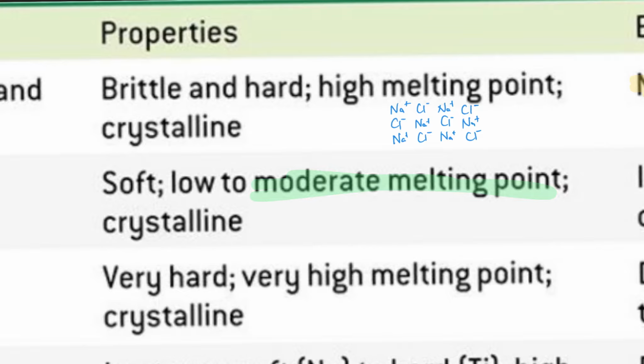Now, intermolecular forces compared to intramolecular forces: intramolecular forces are forces within a molecule, while intermolecular forces are forces between molecules. Intermolecular forces are much weaker than intramolecular forces, and so that's why molecular solids have much lower melting points, because it doesn't take much energy to break intermolecular forces, versus ionic solids.